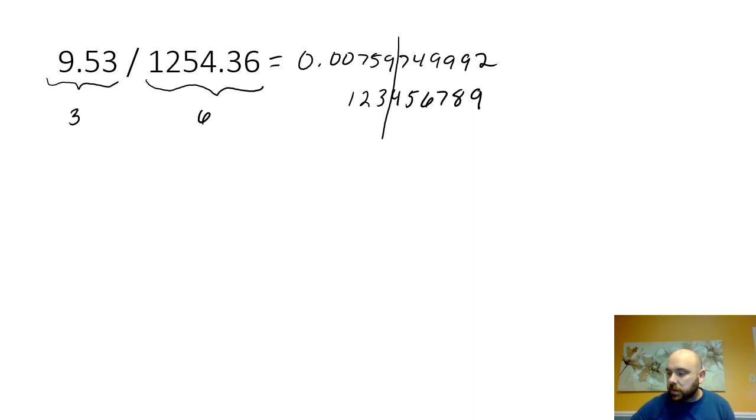We're going to look at the number after it. Our 7 here is higher than 5, so it's going to change our number here. Again, we have a 9, so that's going to become 10, which we show with a 0 and changing the next number in the line. So that rounds to 0.00760.